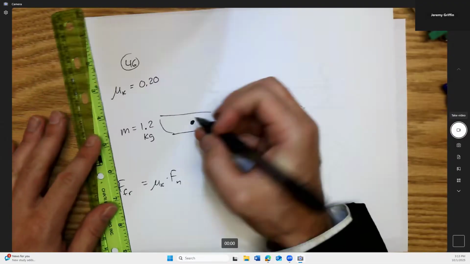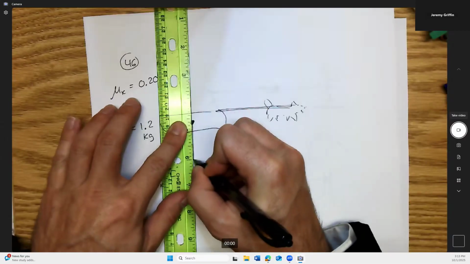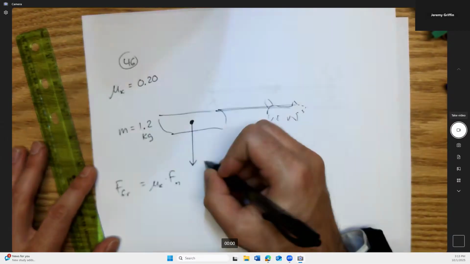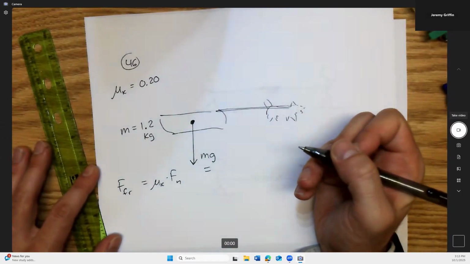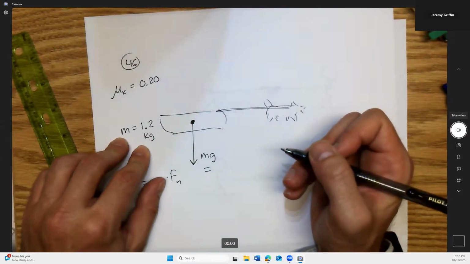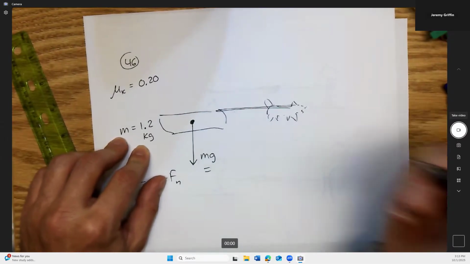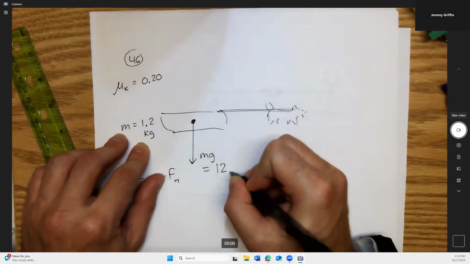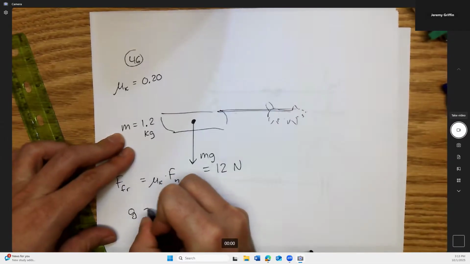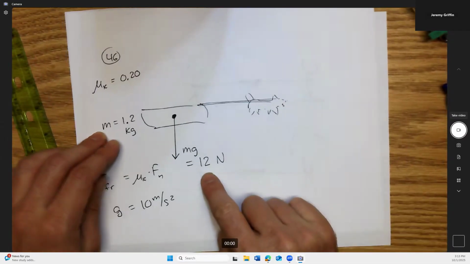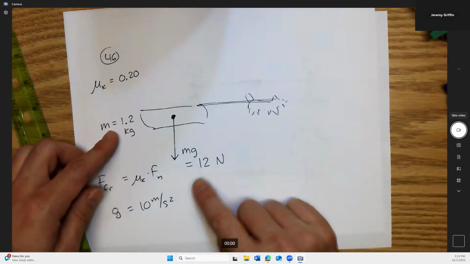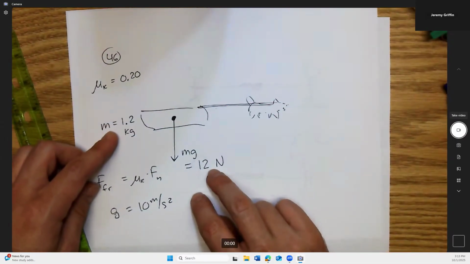Free body diagram. What is the weight of this sled? 1.2? Okay, 12 newtons. You guys know the gravity field is about 10 meters per second squared, we usually round it. So 1.2 kilograms mass times 10 is 12.